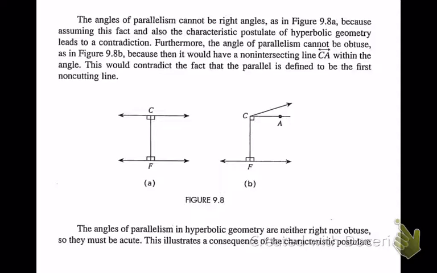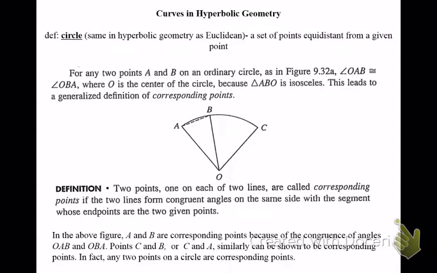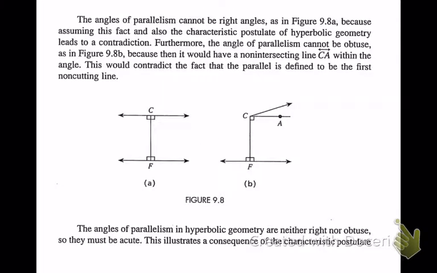So the line that is perpendicular to CF does not intersect this line down here, but it's not the first non-cutting line.